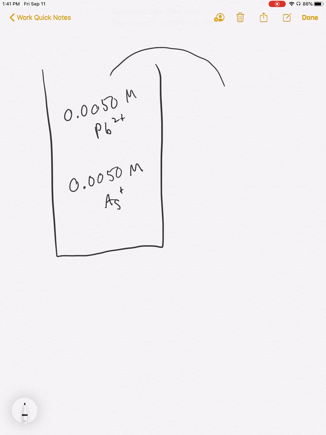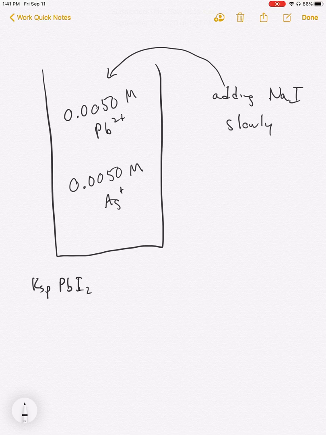And we're adding sodium iodide. Both lead 2 iodide and silver iodide are slightly soluble salts.